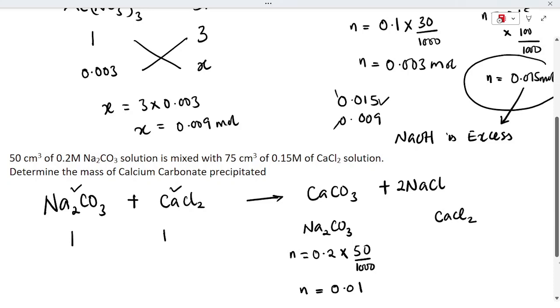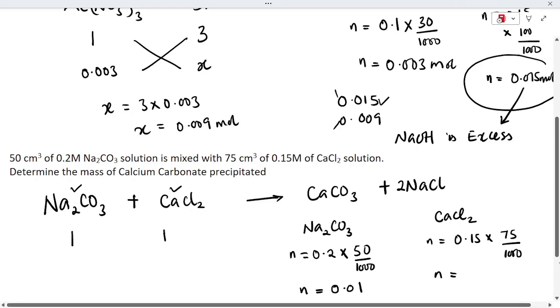And then for calcium chloride, to get the number of moles, the concentration, we are given as 0.15 times the volume, which is 75 divided by 1000. It has to be in decimeter cube or liters, whichever one you prefer to call it.